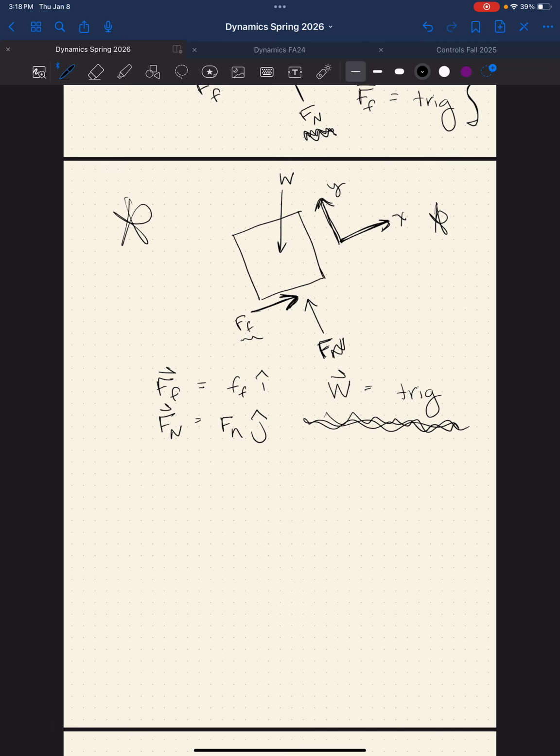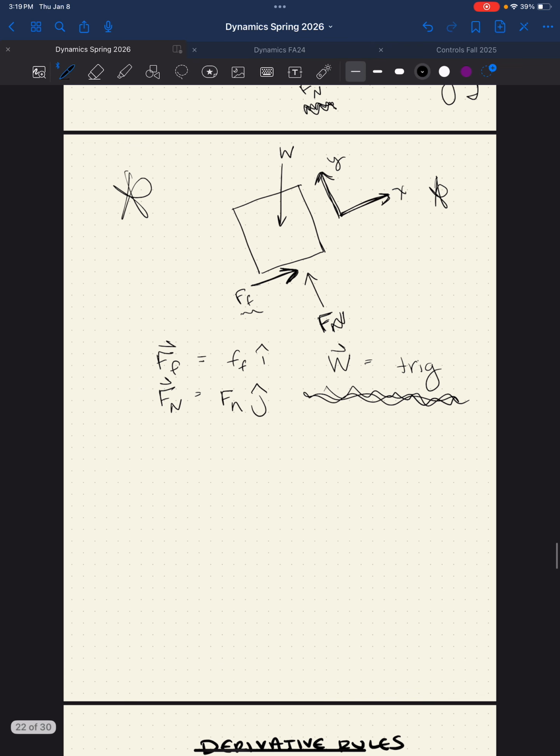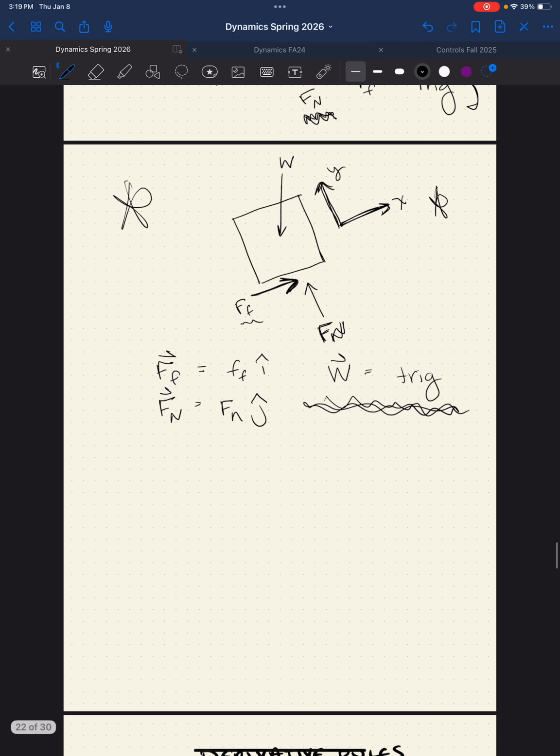Now let's go ahead and figure out how to resolve W into the i hat and j hat components. So here is my trig trick. My trig trick is that you want to draw your trig problem somewhere else, not on your free body diagram. And to do so, you're going to draw both axes.